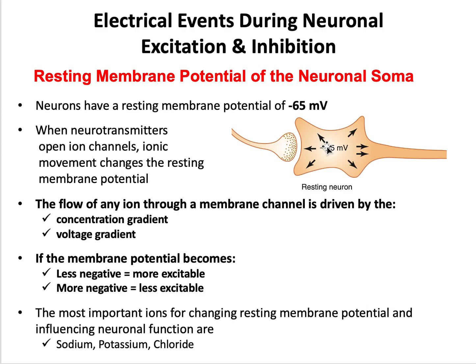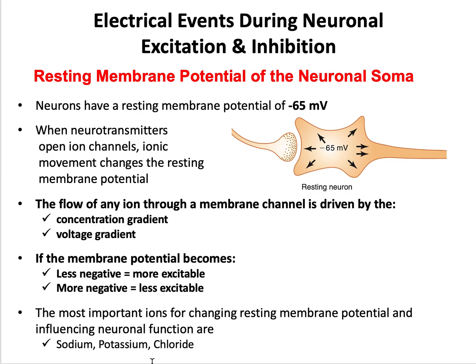Whereas if the movement of ions causes the membrane potential to become more negative or move further away from threshold, called hyperpolarization, then that cell is going to become less excitable or inhibited.